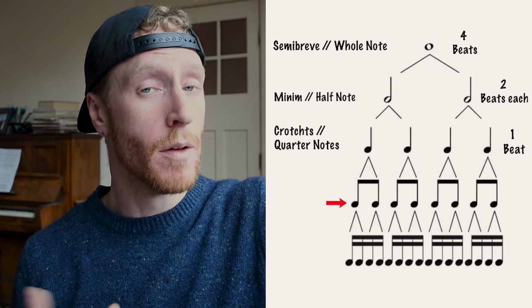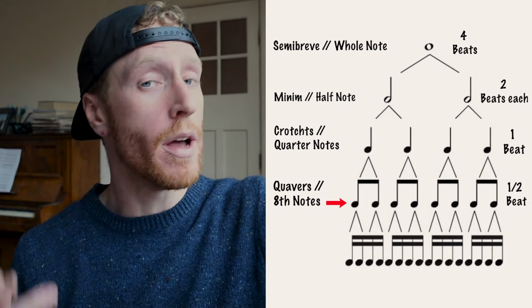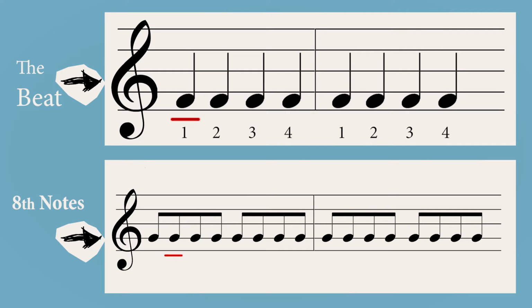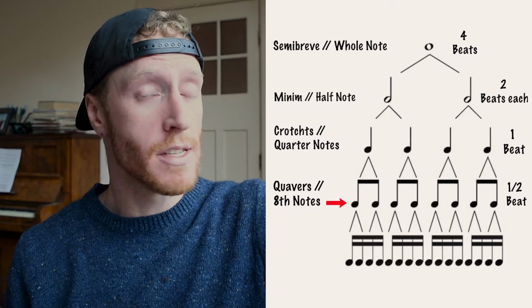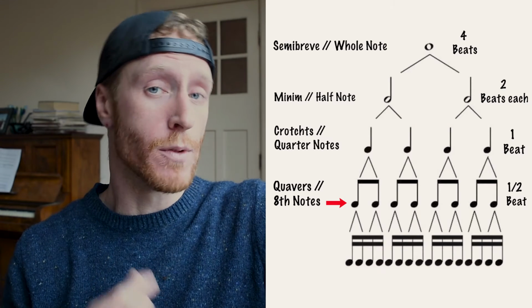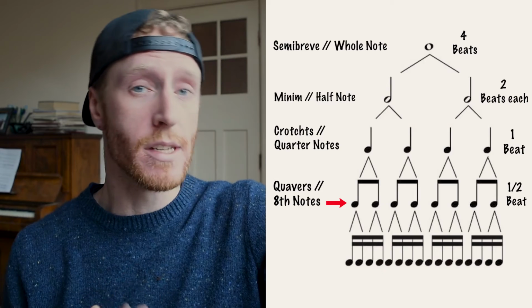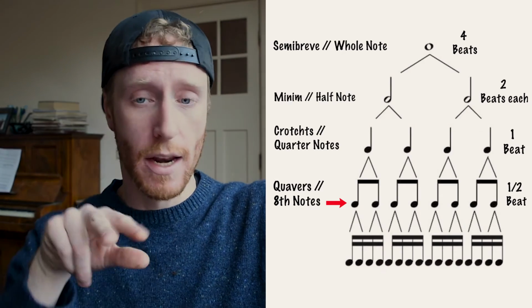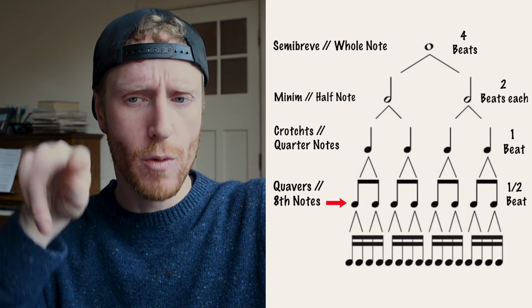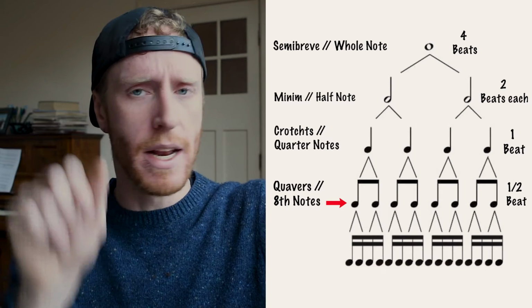So on our next line here, we have quavers, or eighth notes. And as you can see, 2 eighth notes equals 1 quarter note, or 2 quavers equals 1 crotchet. And then again, it just kind of spins out. Every time we go to a new level, we break that rhythm in half.